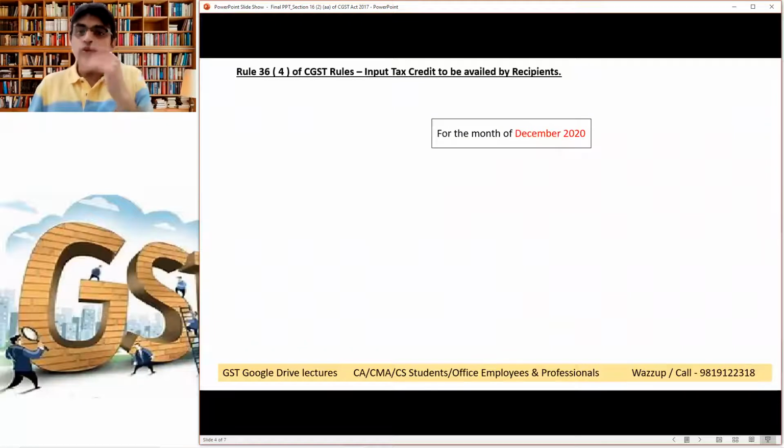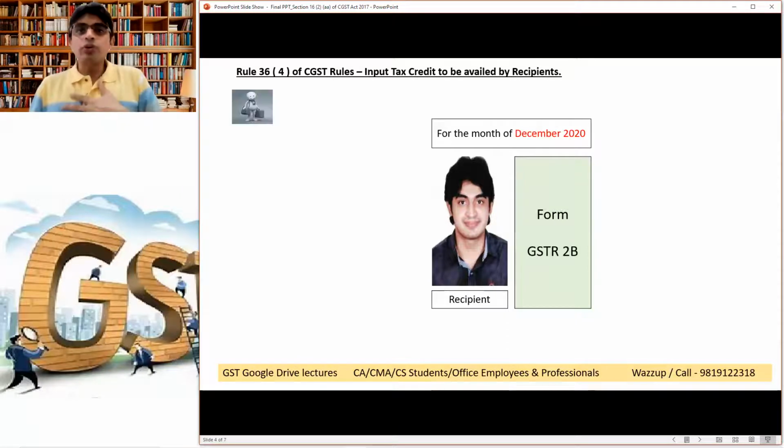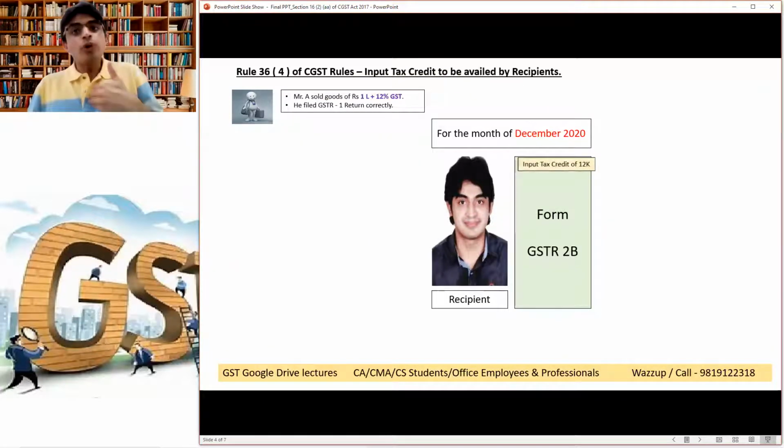Now there was one Rule 36 sub Rule 4. You all must be aware we were facing this issue. The second point is Rule 36 sub Rule 4. Suppose I am a recipient. This is my GSTR 2B. I purchase goods from this person, 1 lakh plus 12% GST. He filed GSTR 1 correctly. Since he filed correctly, this 12,000 ITC got auto-populated in which statement of mine?